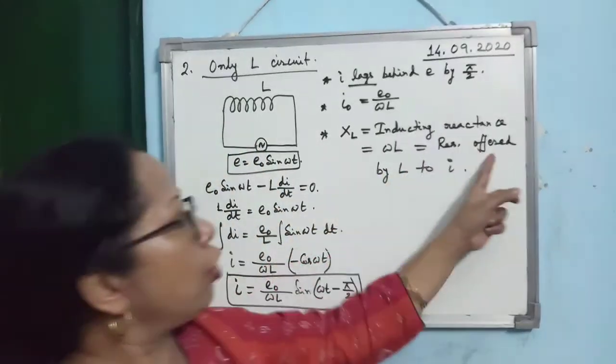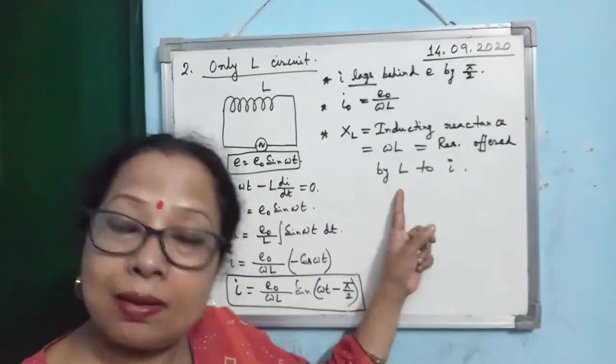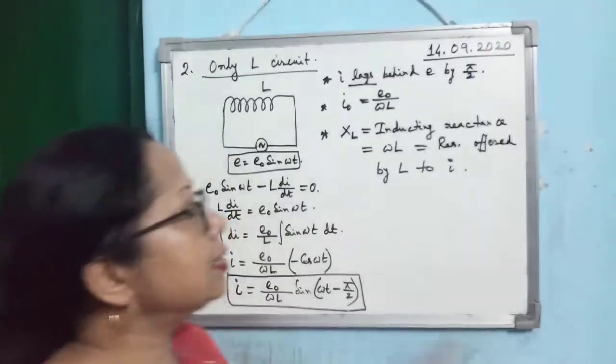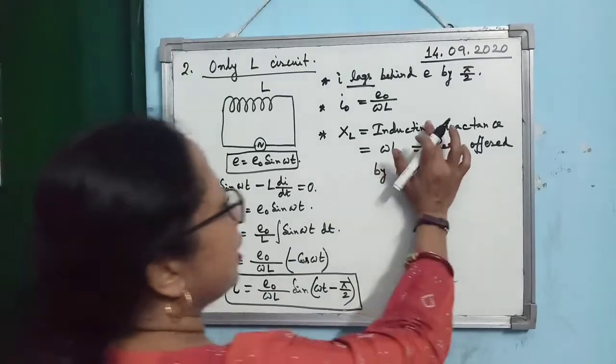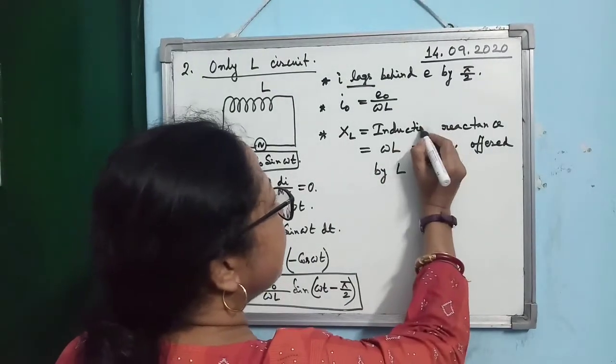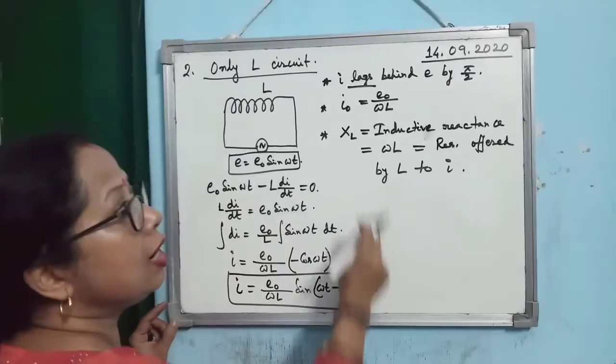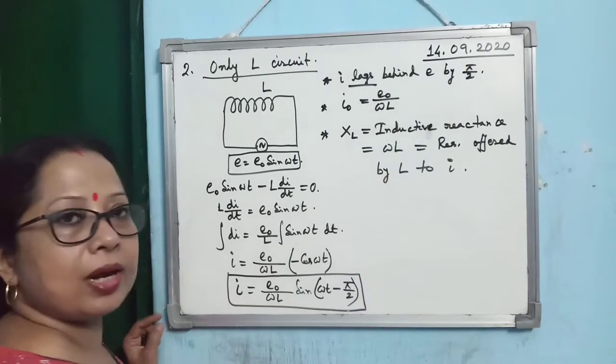It is the resistance offered by the inductor, L, to the current. That is the inductive reactance. And what is the value of the inductive reactance? Omega L.